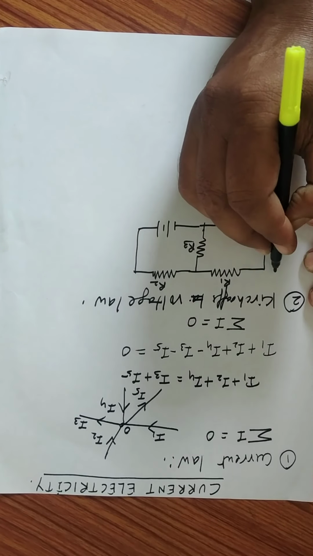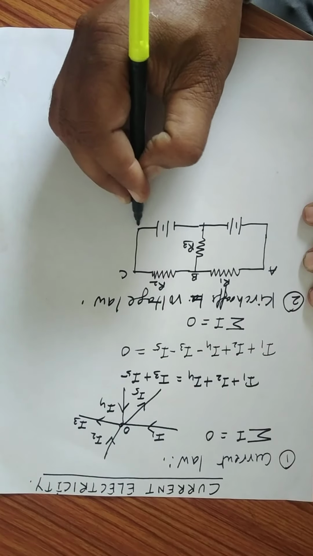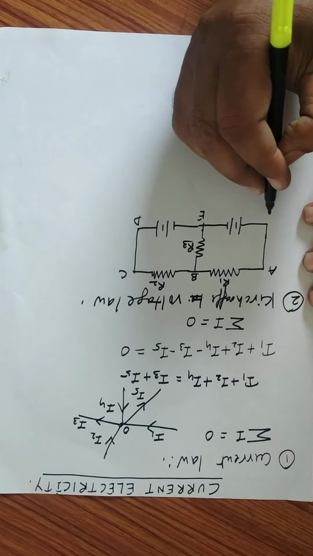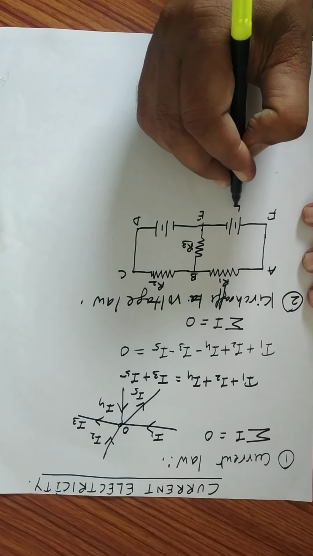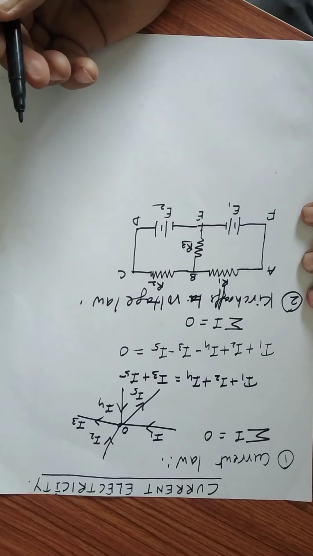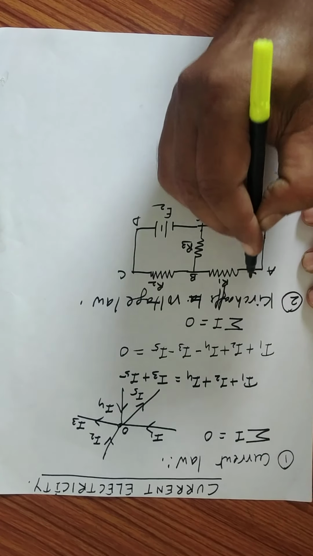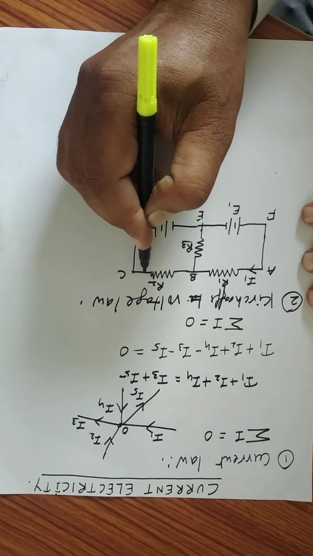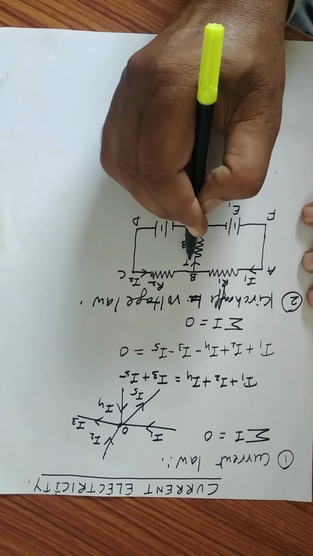Now, we call this as A, B, C, D, E and F. The cells are having the EMF E1 and E2. The direction of the current is as shown in the figure. I1, this is I2 and here is I3.